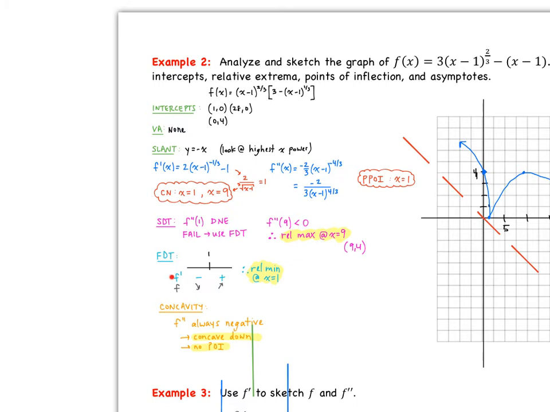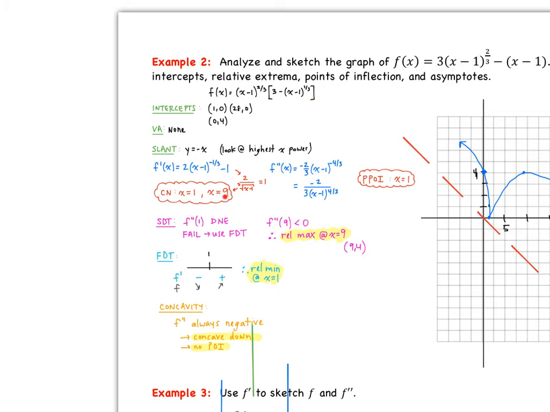And when we do that, we'll see that our first derivative changes signs from negative to positive. So f is decreasing to increasing. And so we know we have a relative minimum at x equals 1. Okay? And you should be able to see when x equals 1, plugging that into our function, we get y equals 0 here.